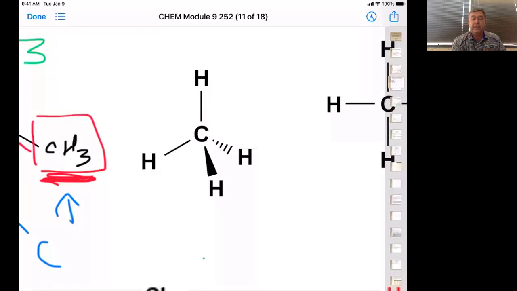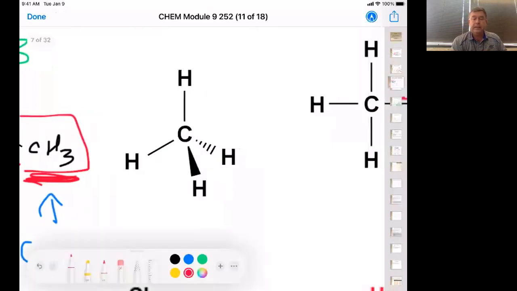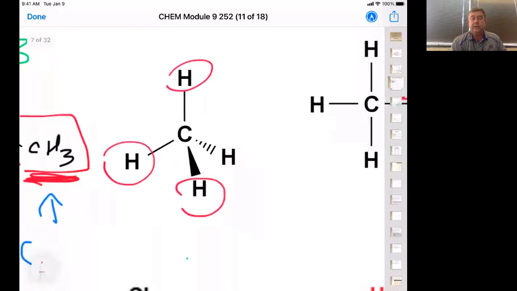Because this hydrogen is the same as this hydrogen, is the same as this hydrogen, is the same as that hydrogen. So we're going to get 1 peak. See how they're all bonded to the same carbon, and they're all bonded to a carbon with 3 other hydrogens? Bonded to a carbon with 3 hydrogens, bonded to a carbon with 3 hydrogens. So they're all identical, so we get 1 peak.